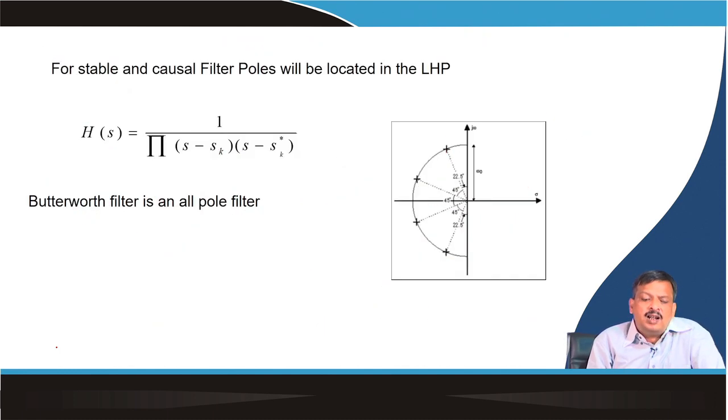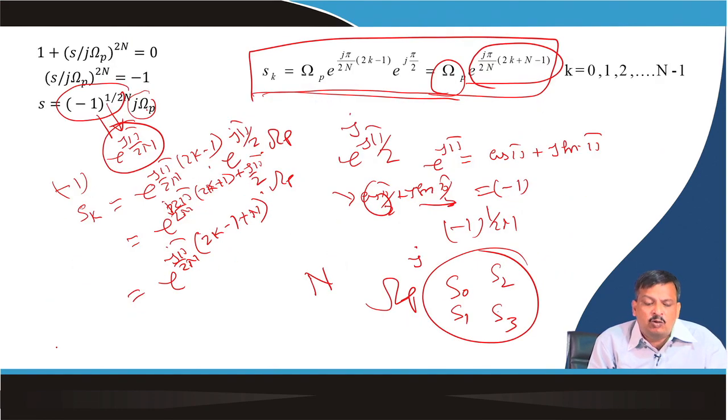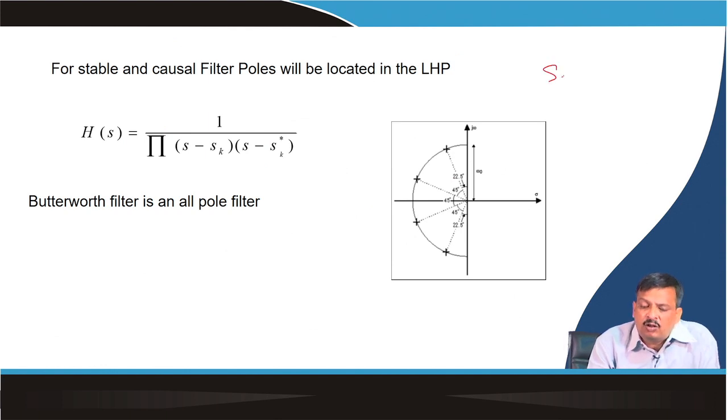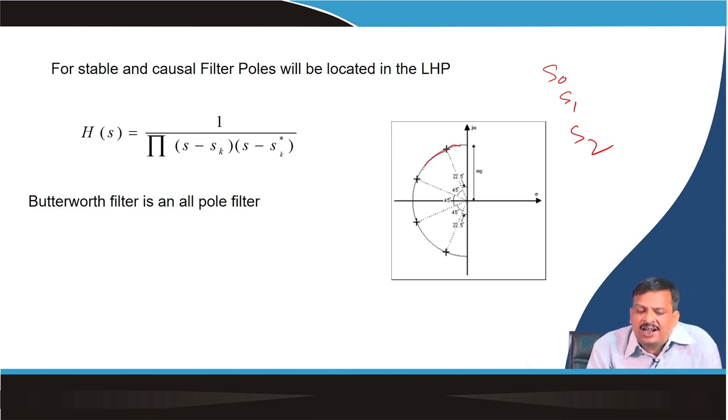Then what is the relationship? How do I design the transfer function? For a given order of the filter, I know the pole positions Sk: S0, S1, S2. Now, if the filter is to be stable and causal, then all the poles must be located in the left half of the S plane.